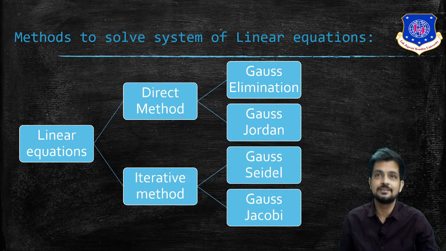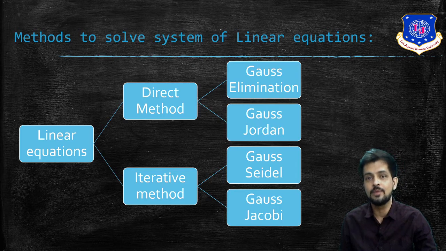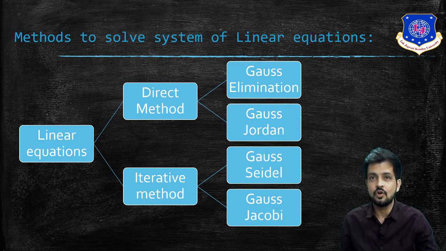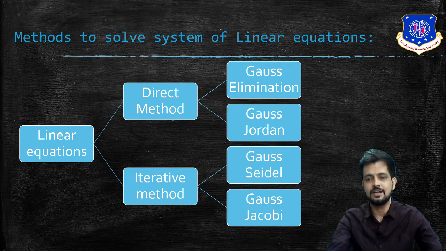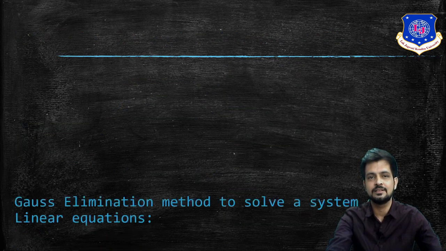Which are the two basic methods covered in the direct method? Gauss elimination and Gauss Jordan method. In iterative methods, there are two main methods: Gauss Seidel method and Gauss Jacobi method. In this chapter we are going to study all of these methods. We will not study the Gauss Jordan method in detail because we have already covered that in the previous semester. So let us start with the Gauss elimination method, that is a direct method.